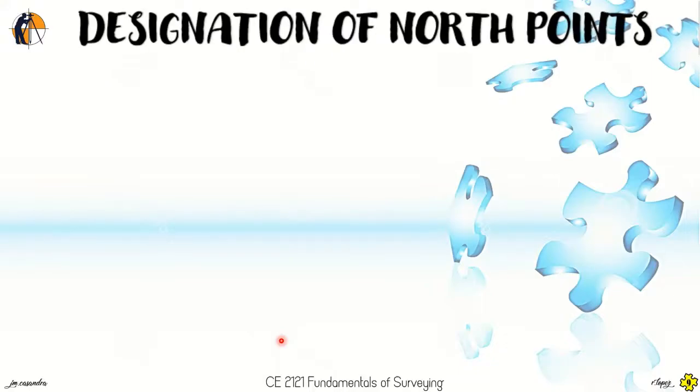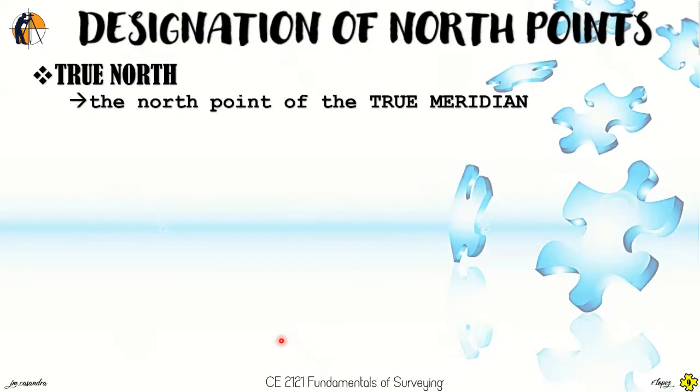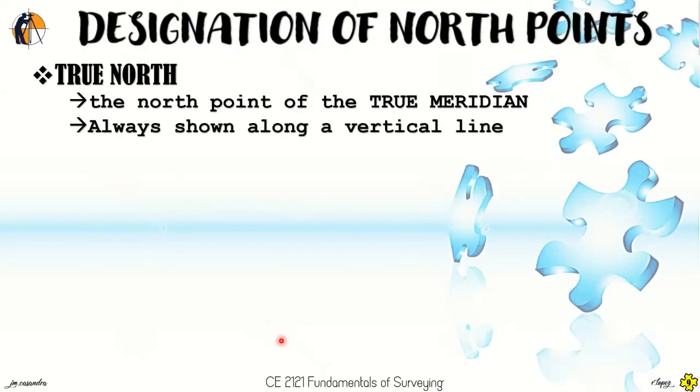We have the designation of our north point. Since we have 4 types of meridians, we will also have 4 designations for our north. The first is our true north, which is the north point of the true meridian and is always shown along a vertical line.